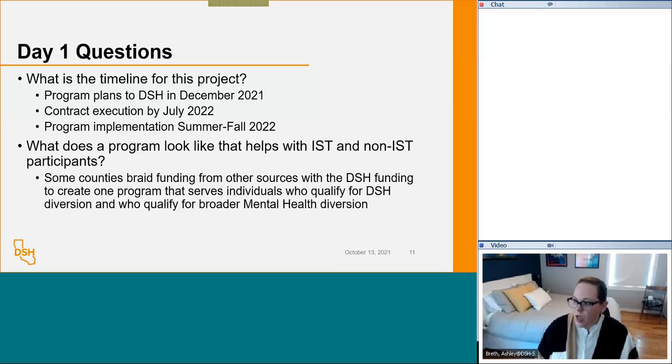We do have some counties who are working with us who have created one broader mental health diversion program, and they use funding from us to support clients or consumers who meet our criteria in that program, and they've braided that with other funding sources that can help non-IST or non-DSH eligible participants have a spot in the diversion program.